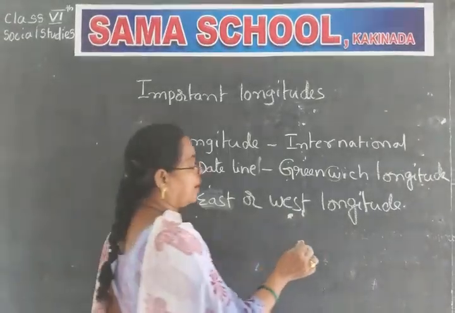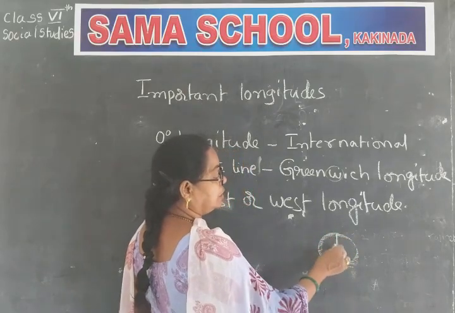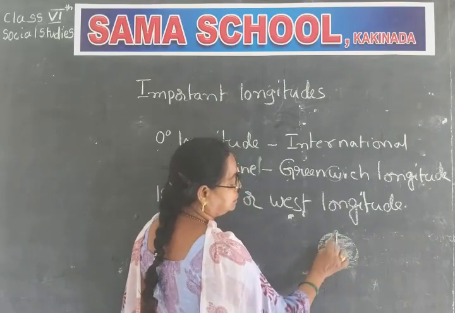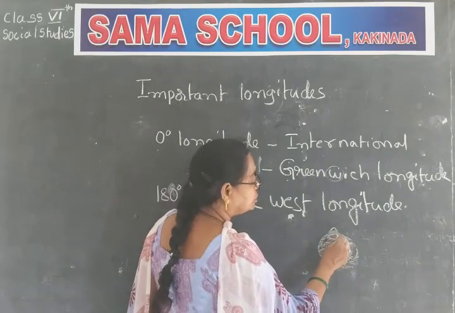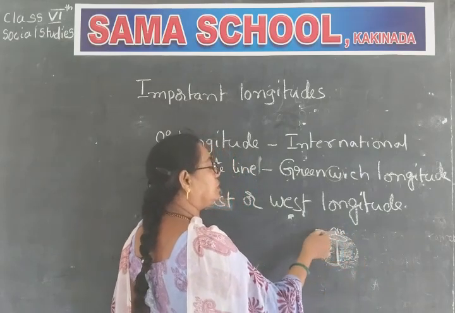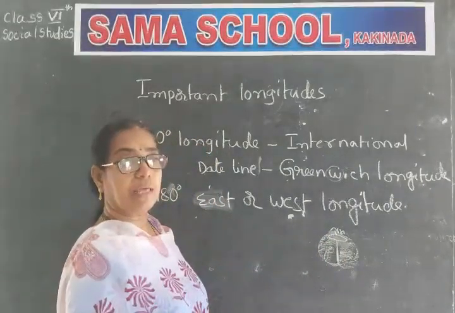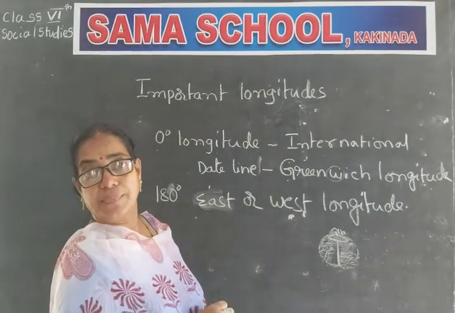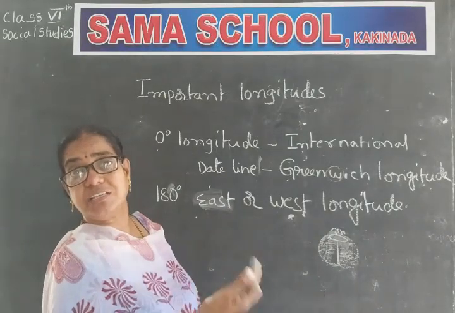If you observe the globe, the Greenwich longitude passes through the middle of the globe. This side is half, this side is half. Exactly at the back of the 0 degree, there is the 180 degree longitude, which is neither east nor west, so it is called the east-west longitude.